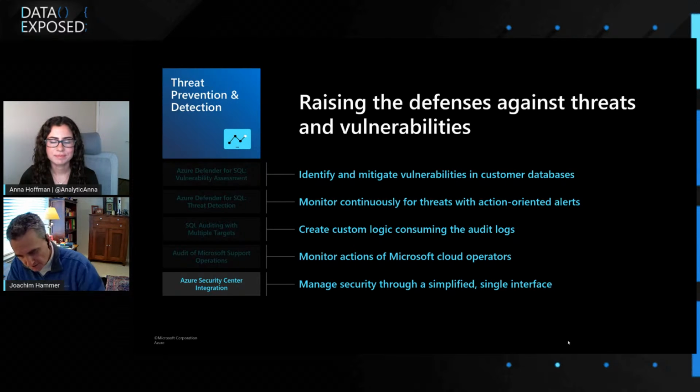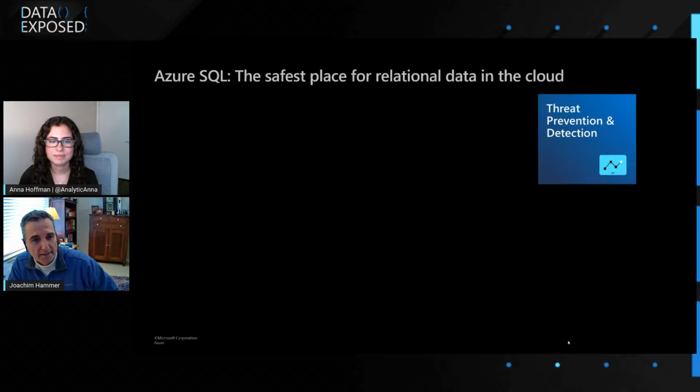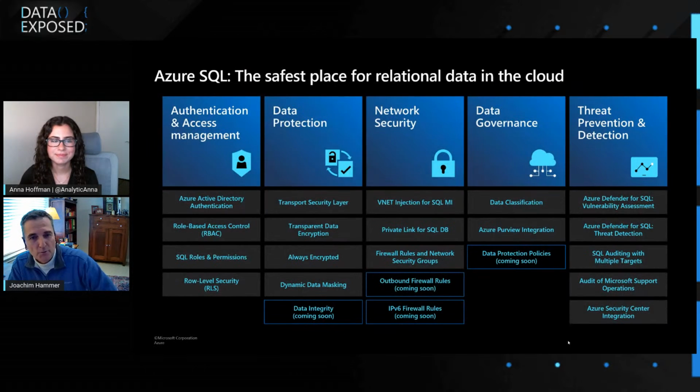So that's the threat prevention and detection bucket. And with that, let me actually come to a quick summary here. So these are the 5 buckets again, quite a few features.